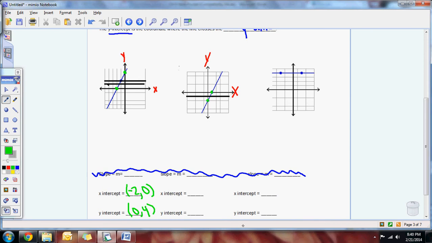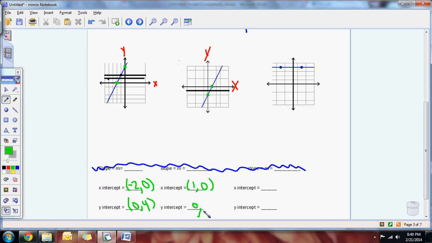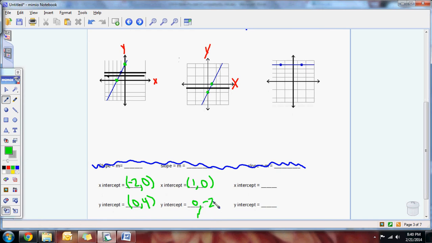So we're going to call those as ordered pairs. So let's do the x-axis first. So the x-intercept is going to be over 1, up or down 0. And the y is going to be over 0, down 2. Oops, sorry, my comma got a little weird there.